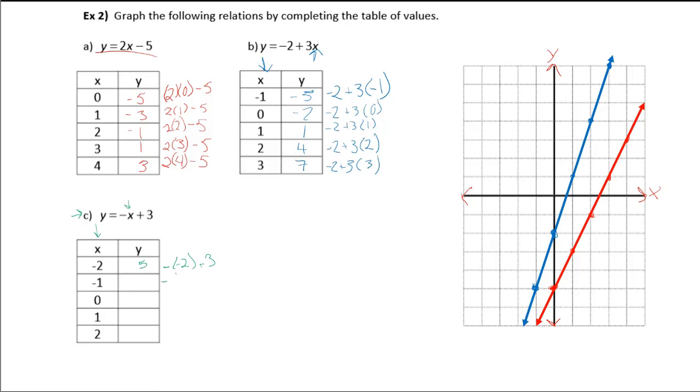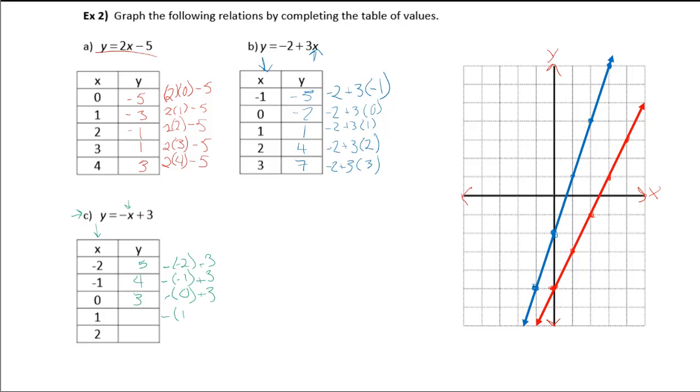Then we have negative 1, because we sub in negative negative 1 plus 3. So negative becomes a positive. 1 plus 3 is 4. Negative 0 plus 3. Well, negative 0 is just 0. So 0 plus 3 is 3. And you should be seeing a pattern.